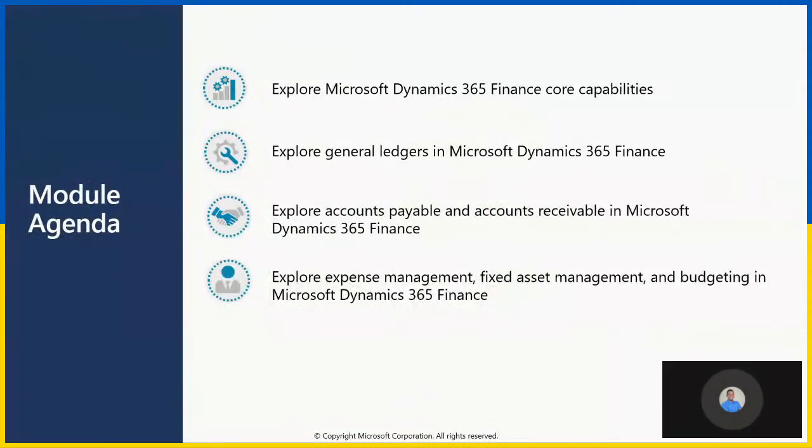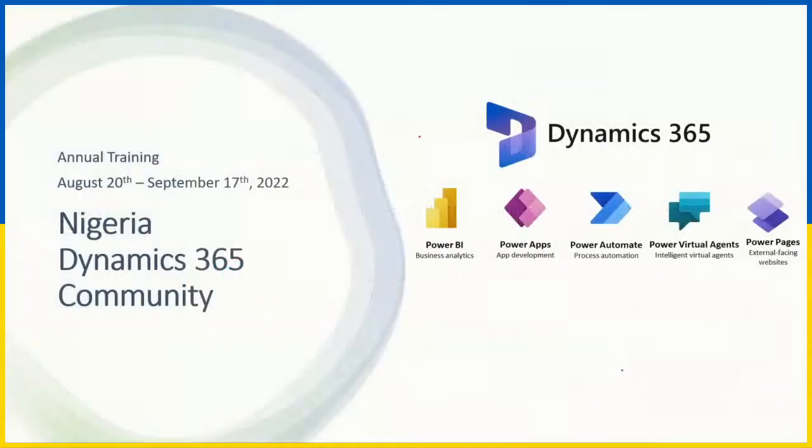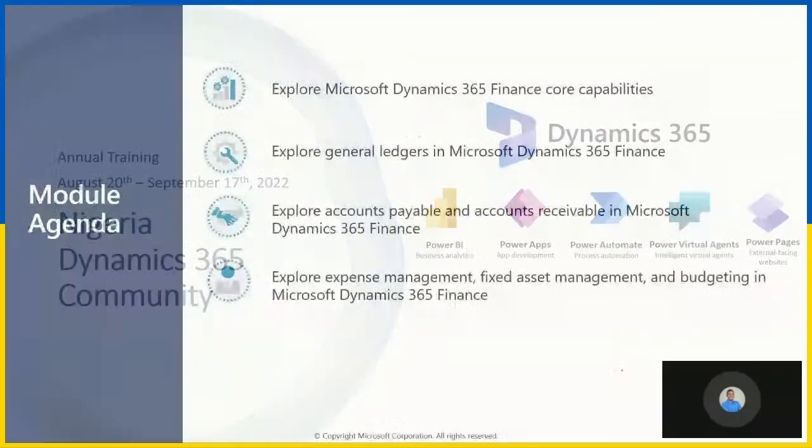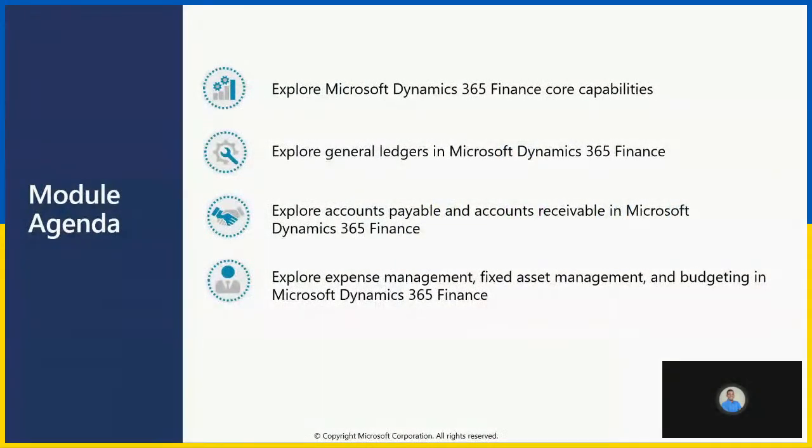Like I said, the last time we spoke about the capabilities of finance and operations, and what is even finance and operations? It's simply an ERP or an application that businesses use, including commerce or even human resources.